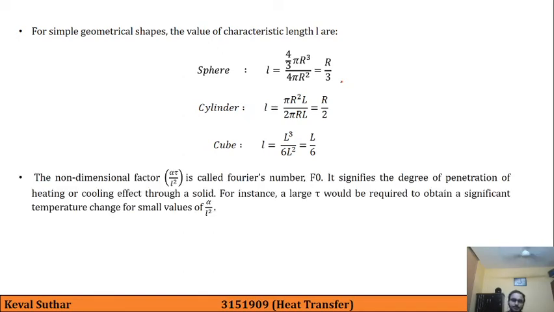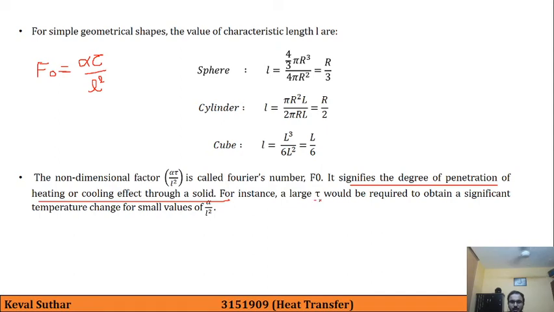Now here the non-dimensional factor, FO, the name of the parameter is Fourier's number, which is given by alpha tau divided by L square, and it signifies the degree of penetration of heating or cooling effect through a solid.